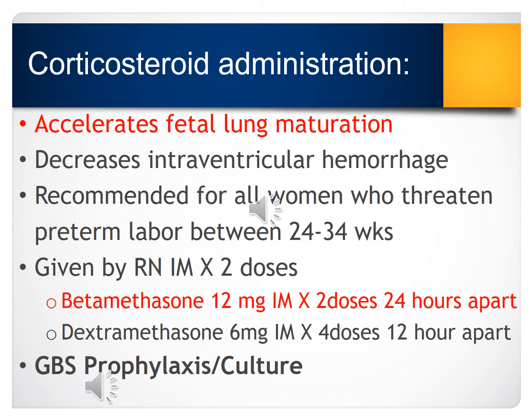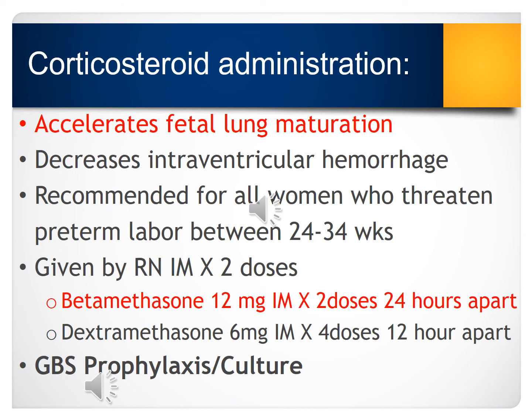In addition to buying time to administer this corticosteroid, we also want to do a group beta strep culture, or if there isn't time, to just treat the woman for GBS, which is group beta strep, because we know that this bacteria found in the vagina is not harmful to women, but can be harmful to the newborn if delivered through the vaginal canal.